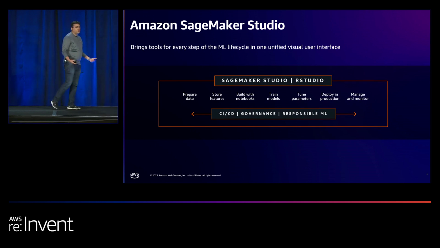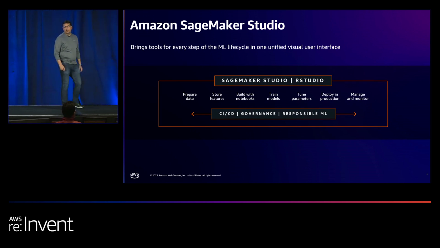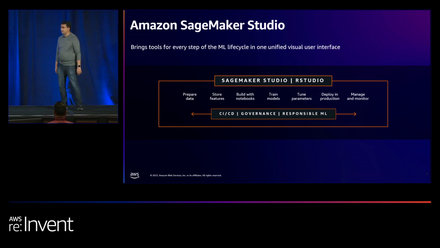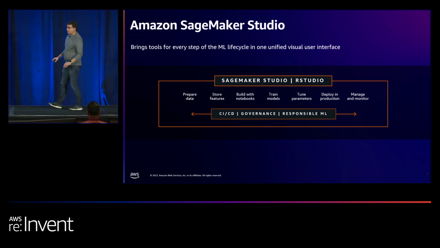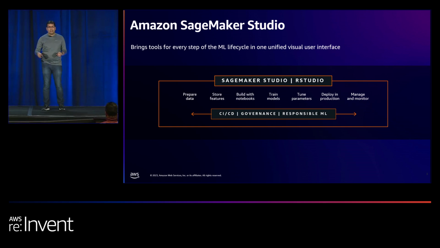So before I begin talking about how to use SageMaker Studio to scale your machine learning development, I want to do just a quick recap. SageMaker Studio was launched at re:Invent back in 2019. And it was launched as the first fully integrated development environment for machine learning.